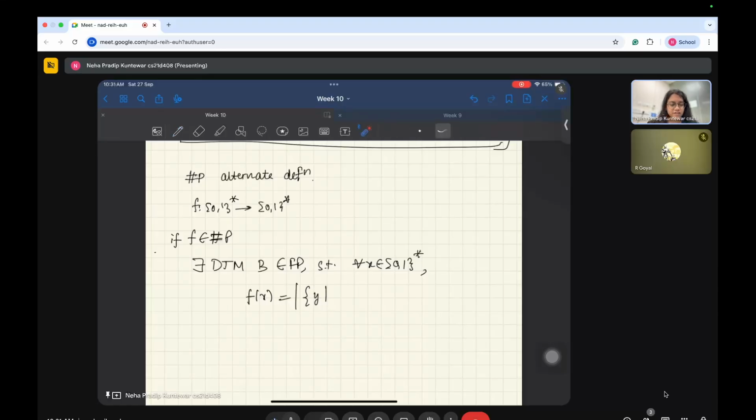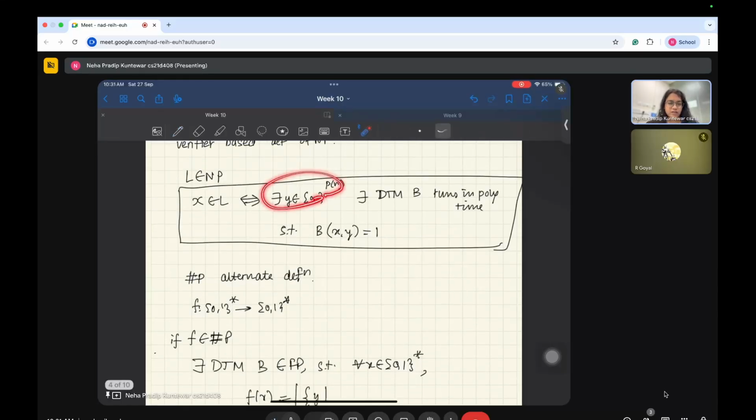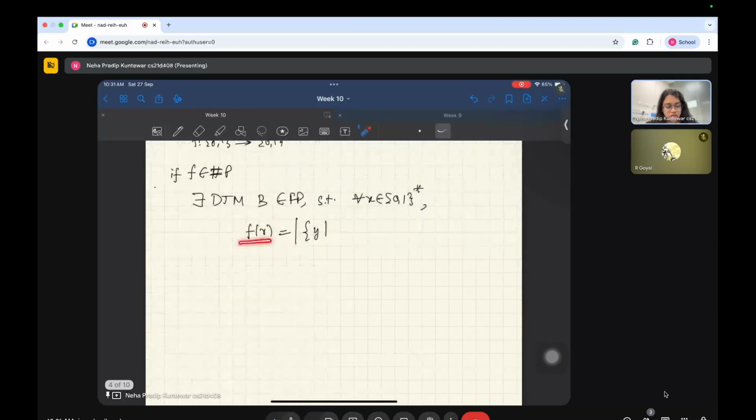Similar to the fact that here you just wanted one satisfying assignment, but here you want f of x to be equal to the number of satisfying assignments. So B of x comma y need not be in FP actually, that should be fine.